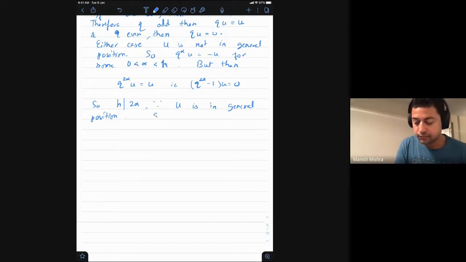And since alpha is less than h, 2 alpha is less than 2h, and h divides 2 alpha.